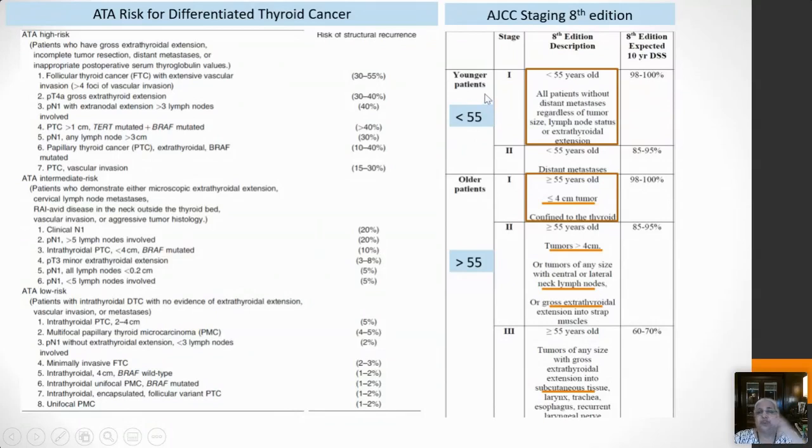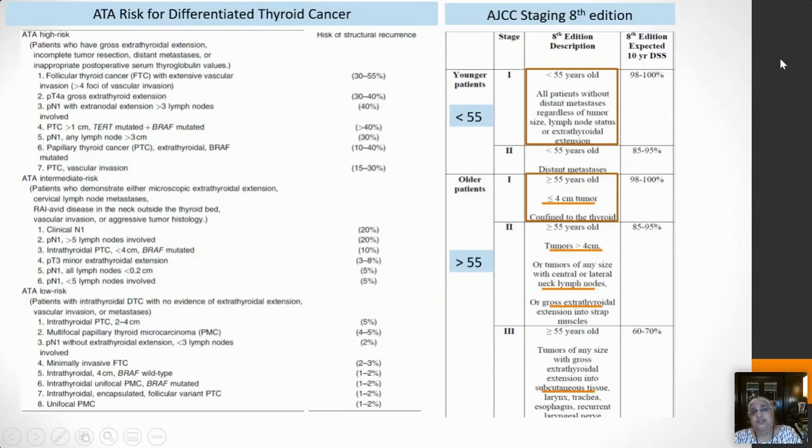And this has come from the previous risk stratifications, which were called AMES and AGES and so on. And here you have younger patients. Once upon a time it was 45, now it is 55. Those who are younger than 55, and those who are equal to or higher than 55 years of age.